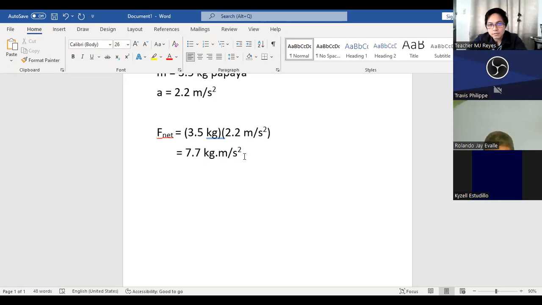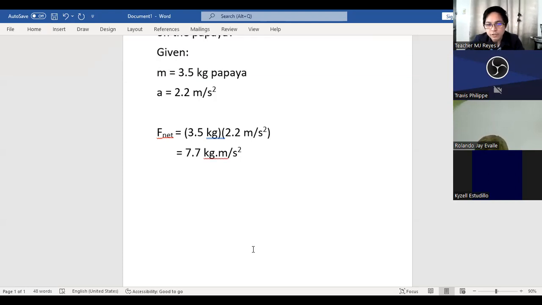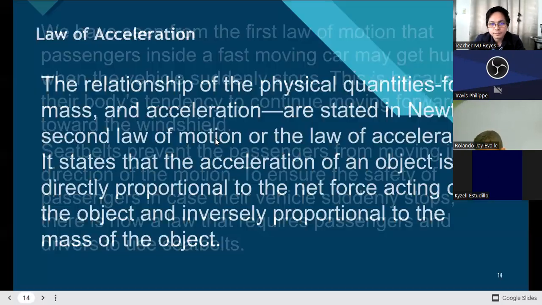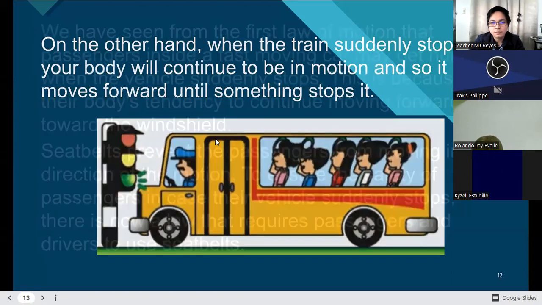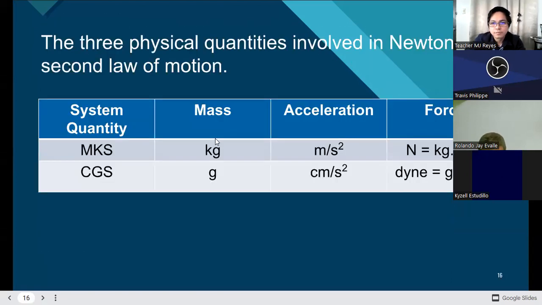Okay, how about checking the unit used? Let me share again my screen. Remember the unit used? Let's have this one. Kilogram meters per second squared is equal to 1 Newton.